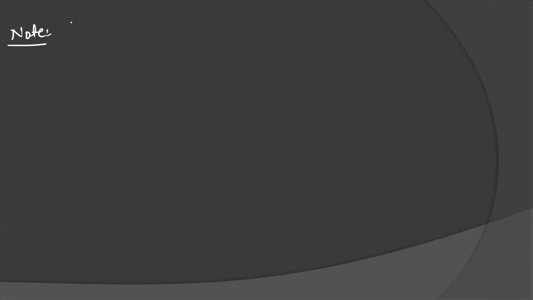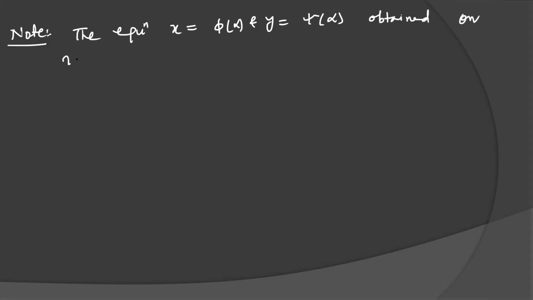note down. If we take the equation x equal to phi of alpha and y equal to psi of alpha, and alpha is parameter, obtained on solving f(x, y, alpha) equal to 0 and del f by del alpha equal to 0.